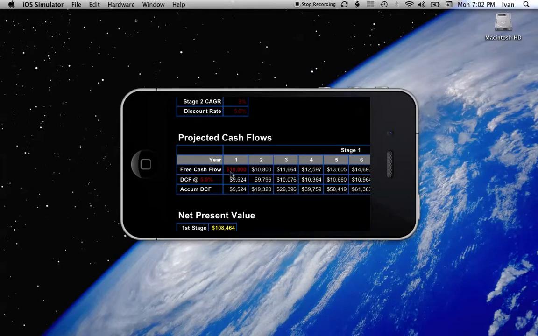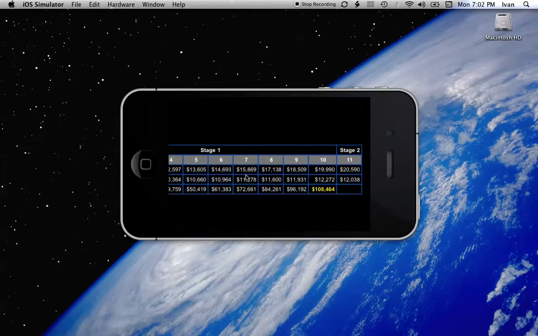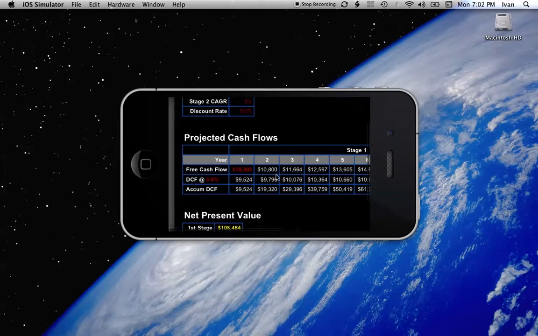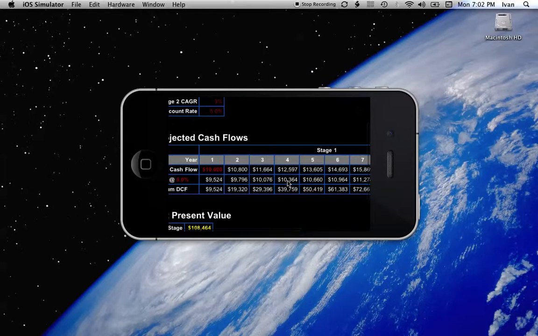We started at $10,000 and we project out every year, and it shows me stage 1 as well as stage 2 of my projections. So there's essentially 2 projections that we have, and I see the projected values there. In the second row, I get the discounted cash flow when I discount at 5%.